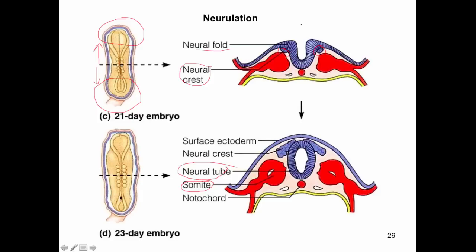And the closure of the neural tube eventually forms the brain at the top and the spinal cord at the bottom. You can see these somites are becoming much more clear. They look like little bulbous ridges on either side of the center of the embryo. And by around 20 to 30 days, or around 4 weeks embryonic age, these somites become very clear.